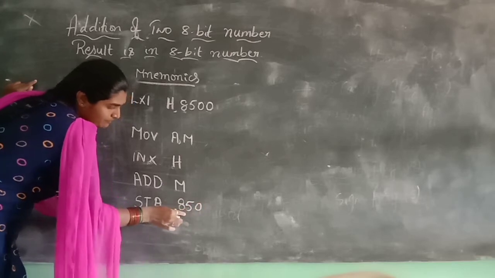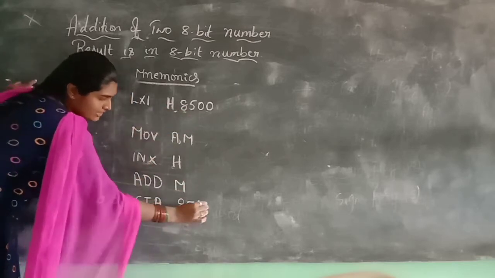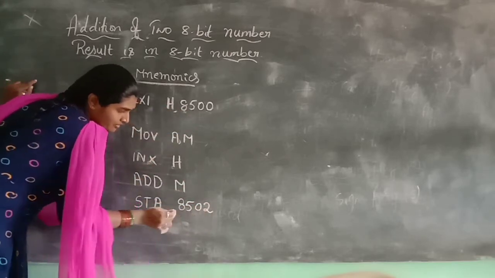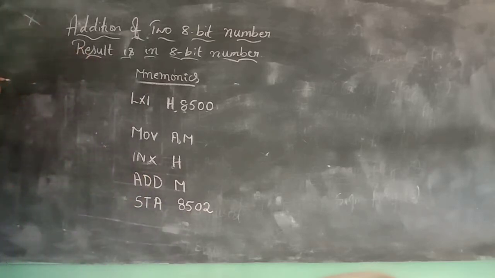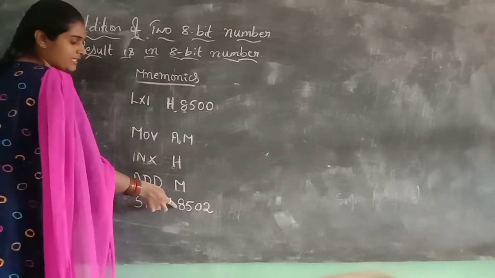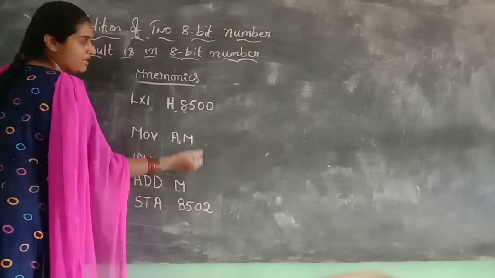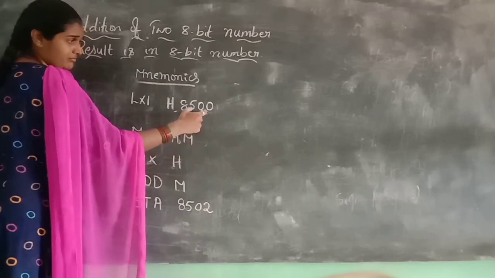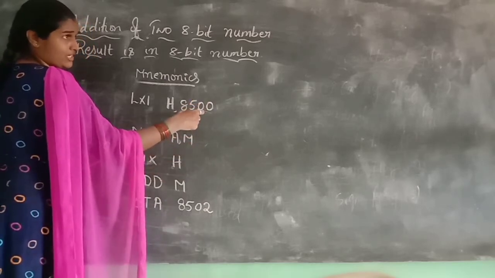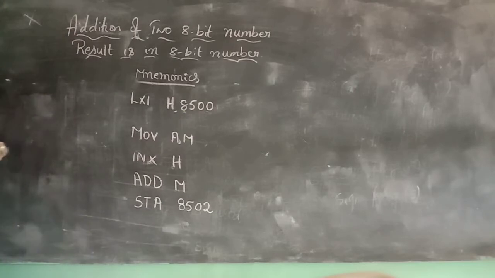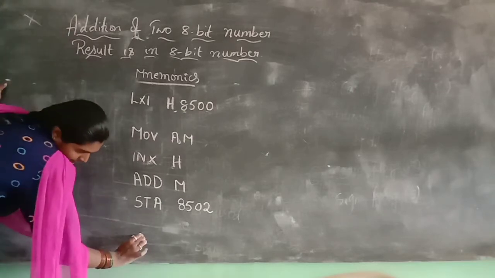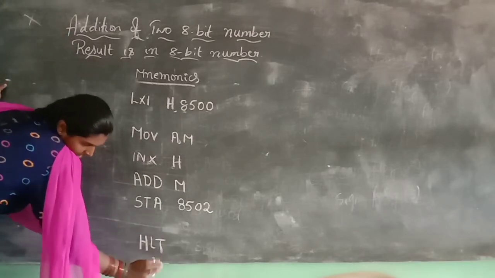This location is optional. I want to store the result in 8502, and the data location is 8500. I choose it.